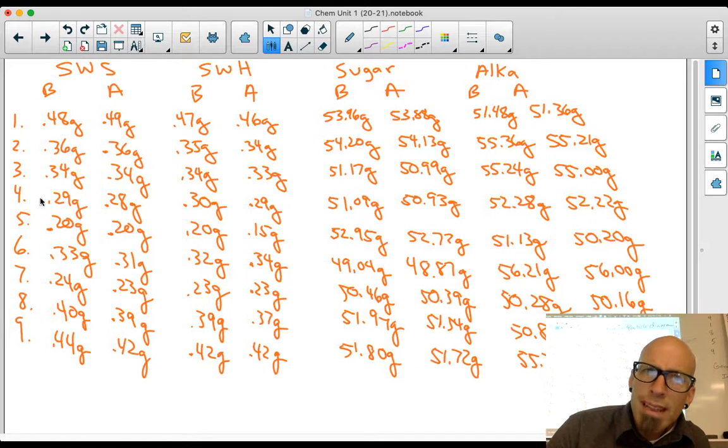So the people that had the mass stay the same, hopefully they're saying in their particle diagrams that they have the same number of particles before and after. And when the mass went up, maybe they're saying that there's more particles after than there were before. And then again, when the mass goes down, that there's less particles after than there was before.